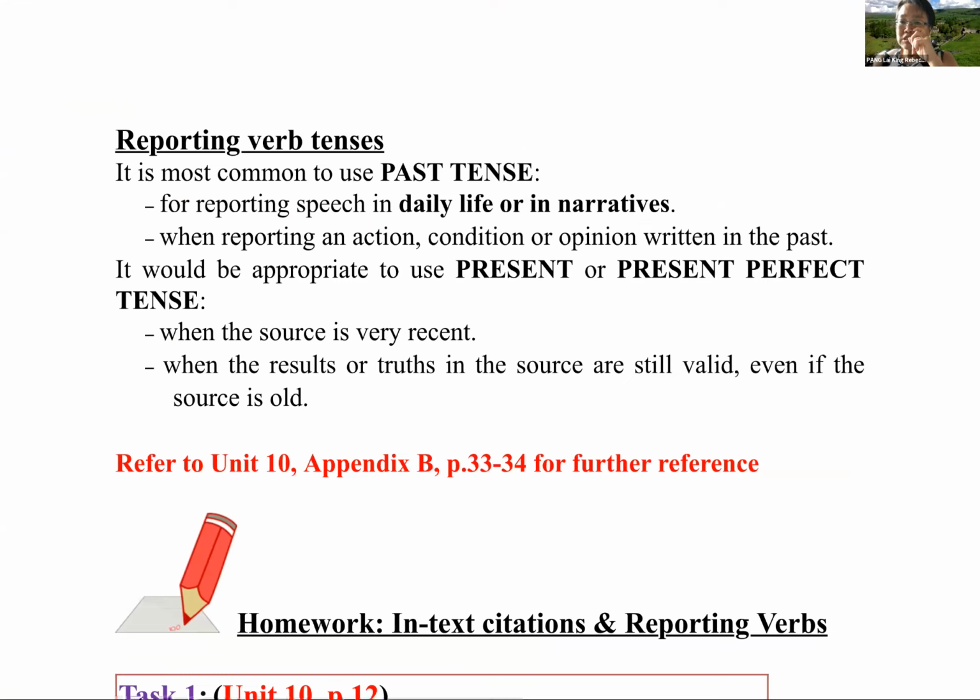What about tenses? When you use these reporting verbs, do you use present or past or present perfect? I would say it's quite common to use past tense because you're reporting what the writer said. So normally we use past tense, but sometimes you might see some writers use present tense or present perfect tense in two situations.